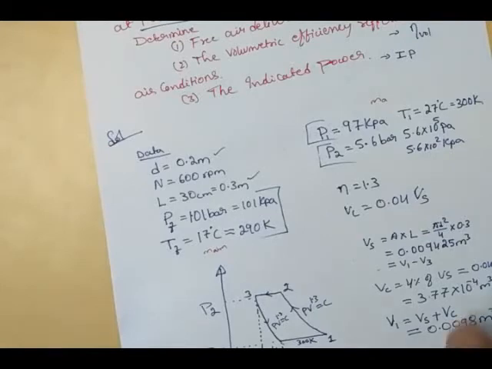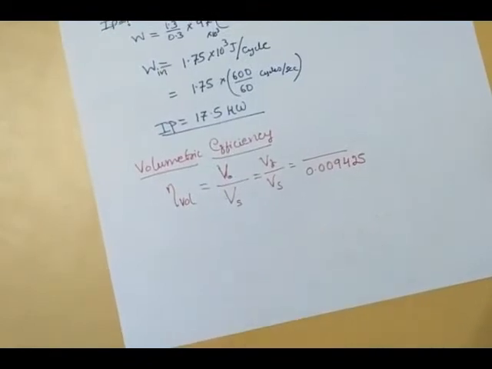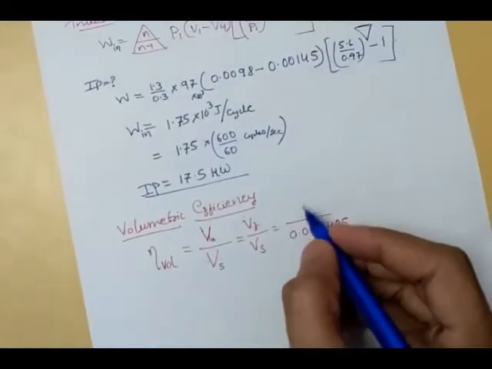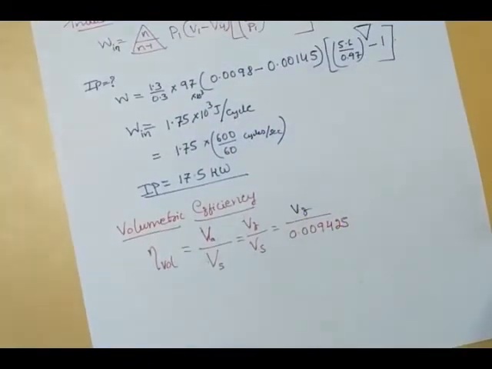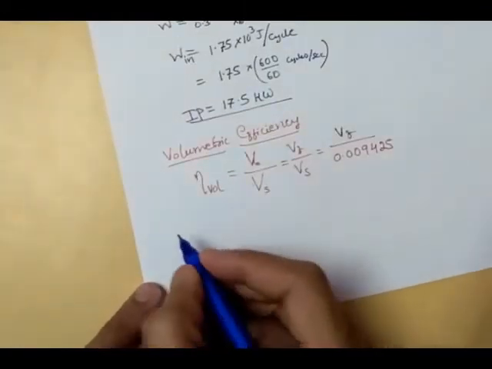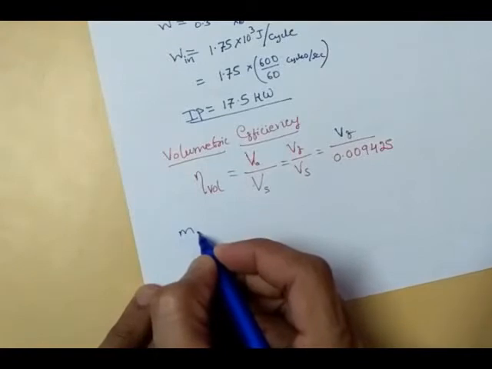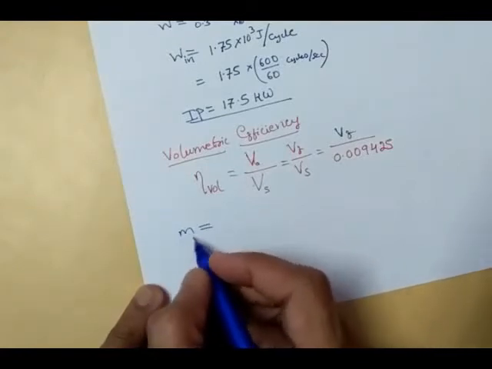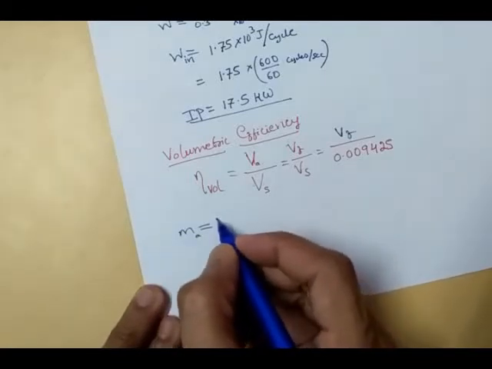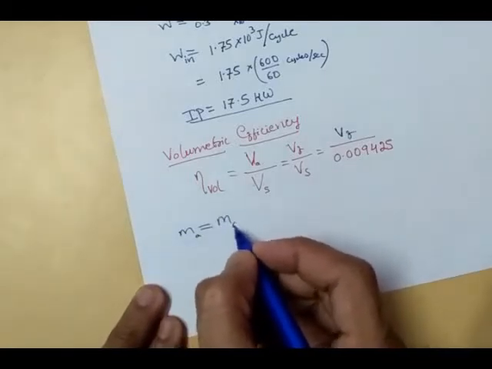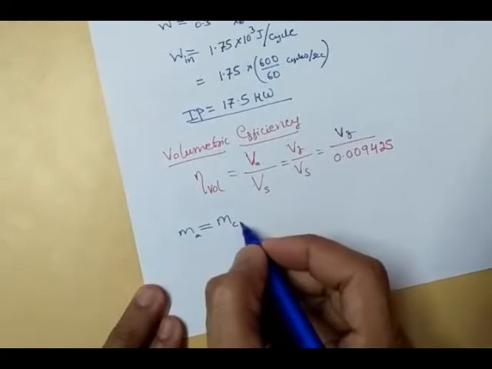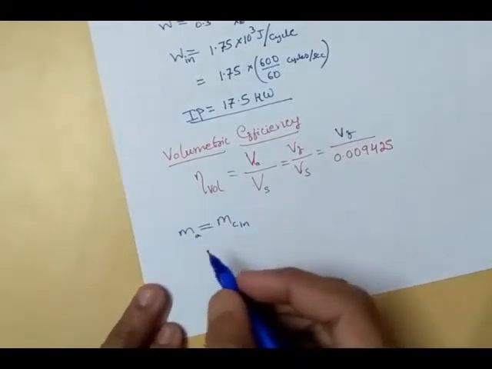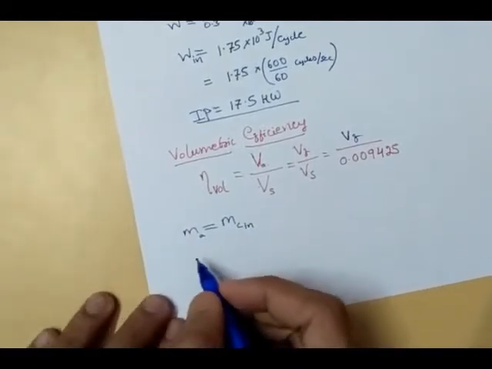So with the help of the gas law, we can find Vf. I will take the equation: mass at ambient conditions is equal to mass at compressor inlet conditions.